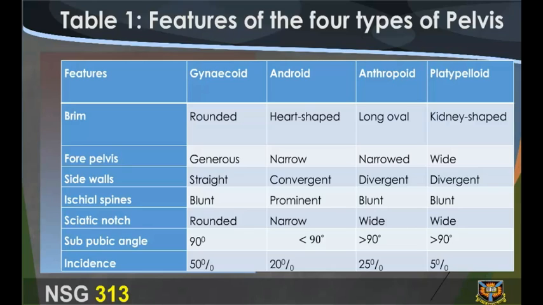Ischial spines: blunt, prominent, blunt, blunt. Sciatic notch: rounded, narrow, wide, wide. Subpubic angle: 90 degrees, less than 90 degrees, 90 degrees, 90 degrees. Incidence: 50%, 20%, 25%, 5%.